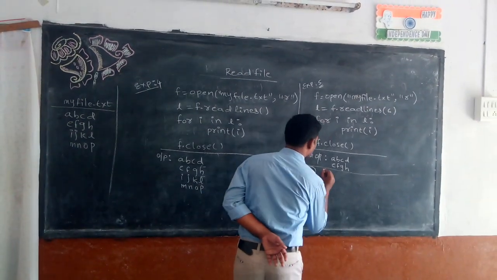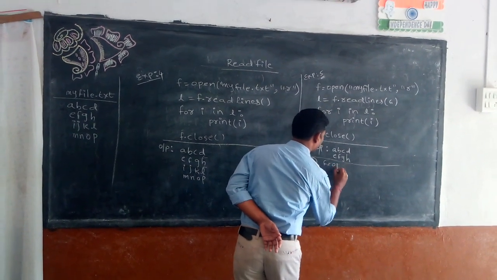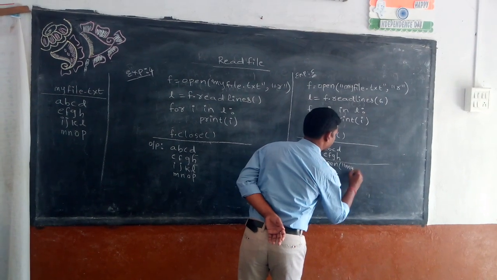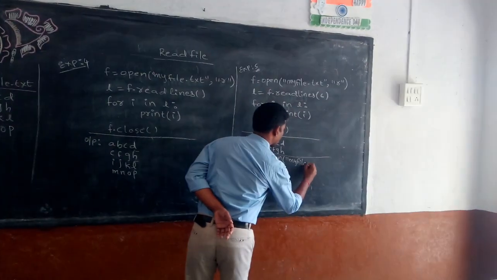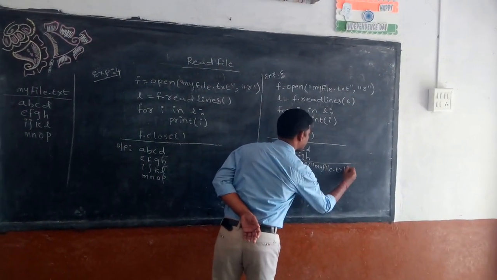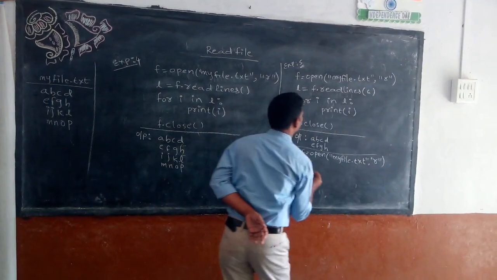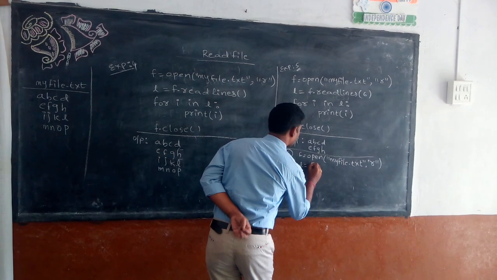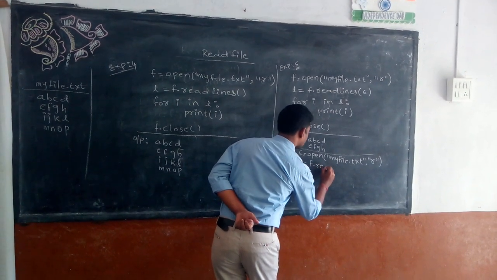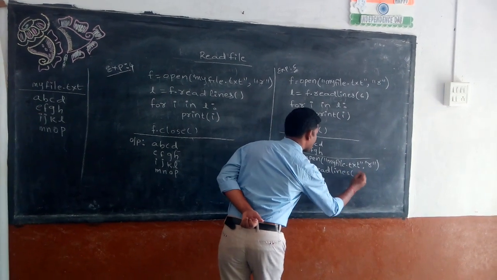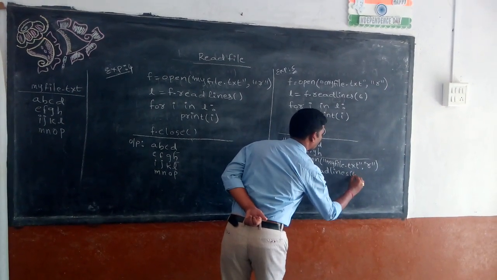Example number 6. f equals open my file.txt comma read mode, and L is equal to f.readlines of 4.